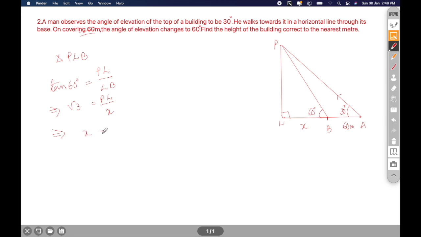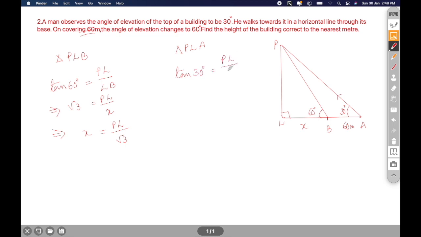So X can be considered as PL by root over of 3.